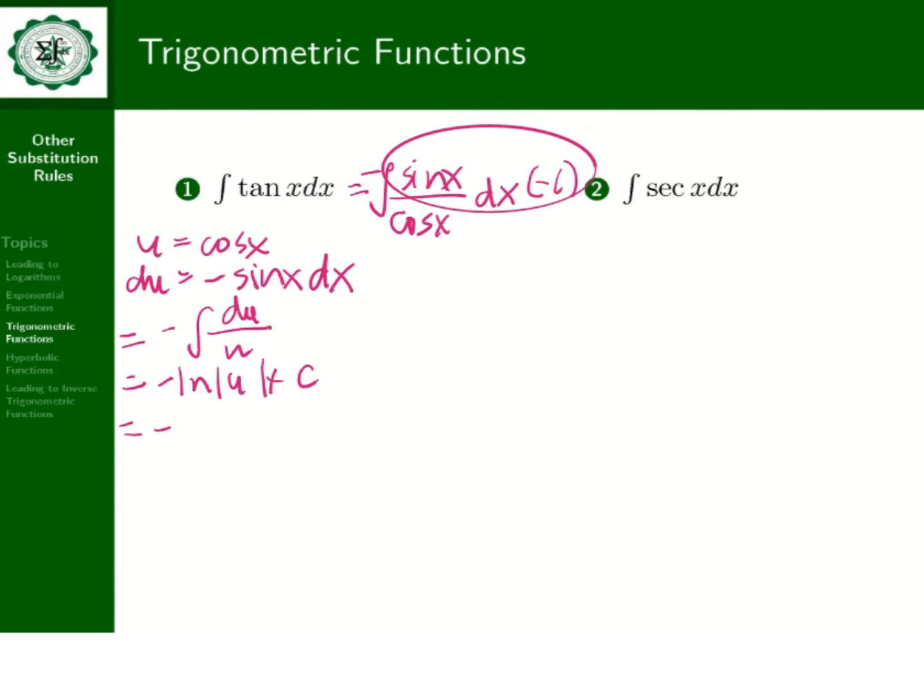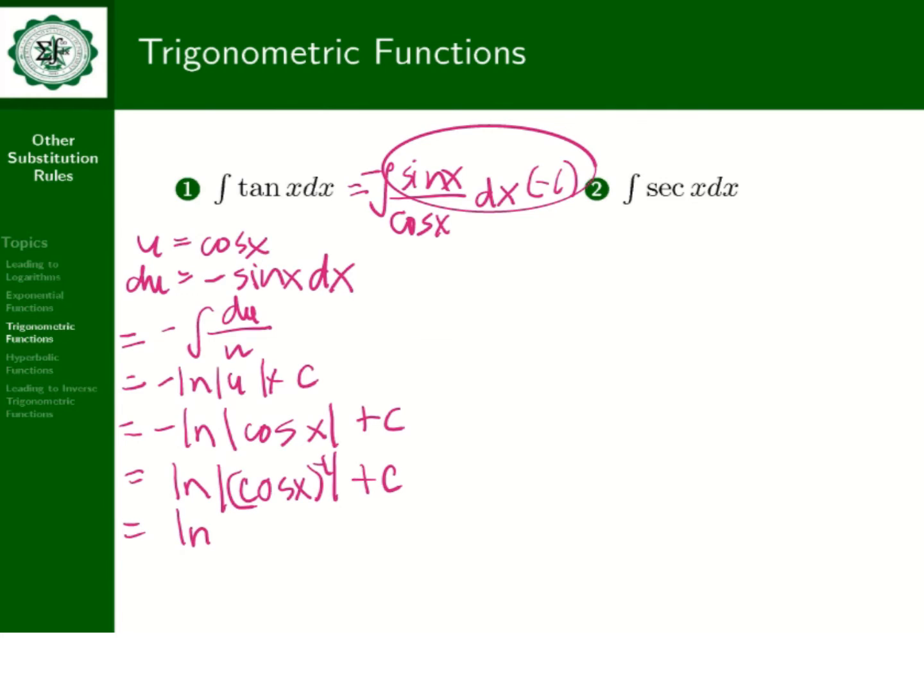So following our formula leading to logarithms, this is negative ln of the absolute value of u plus c. Now we change u into cosine of x. Therefore, the formula for the integral of tangent x dx is negative ln of the absolute value of cosine of x plus c. Note as well that using the property for logarithms, this is equivalent to ln of the absolute value of cosine of x raised to negative 1 plus c, and this is the same as ln of 1 over cosine of x.